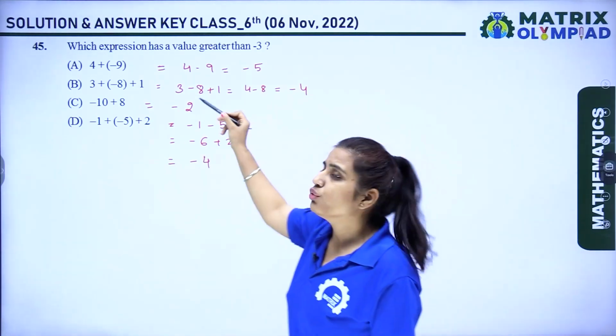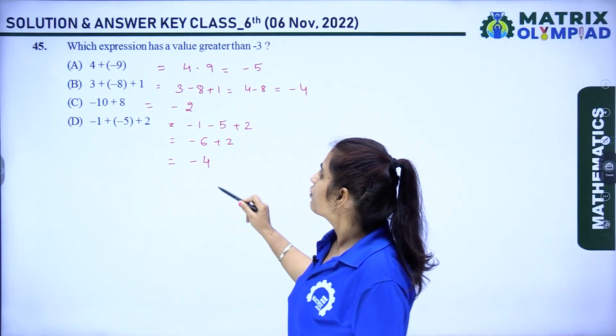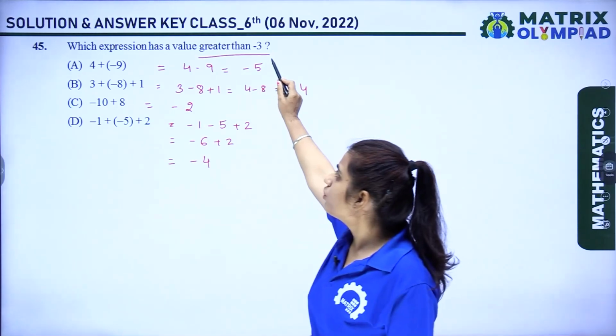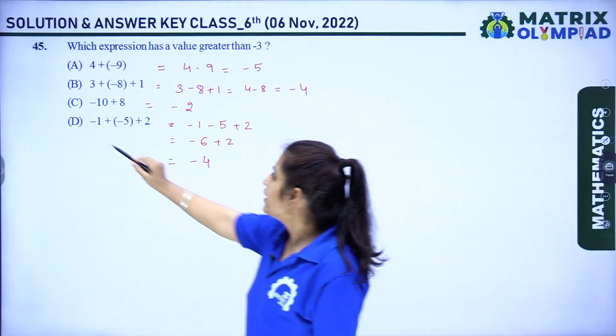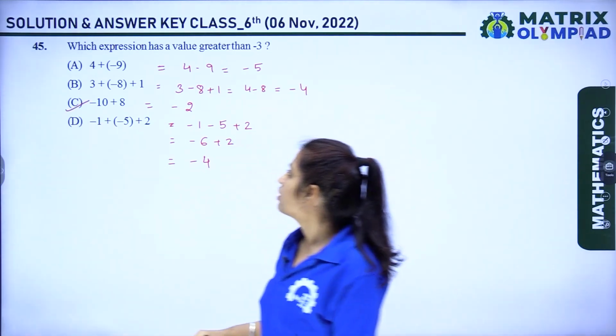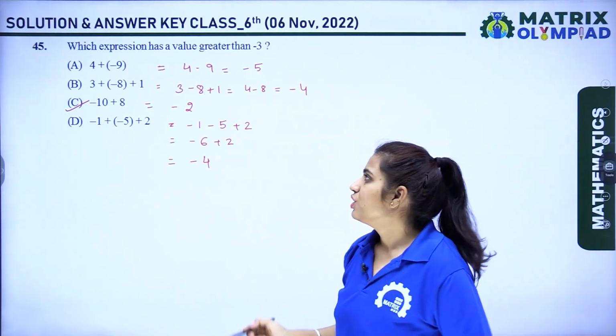Out of these four options, we have to find the value greater than -3. So now we can say that option C is the correct answer, as -2 is greater than -3.